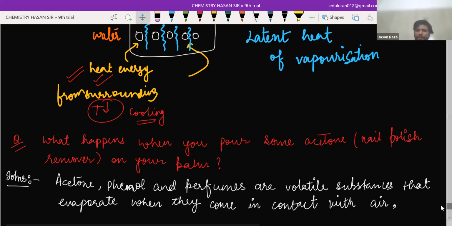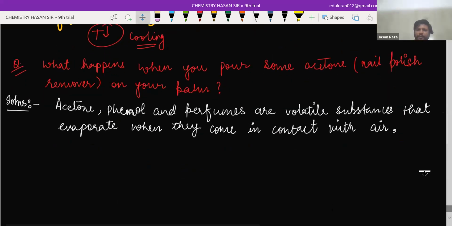So I'm writing this. It is not only acetone, phenol and perfumes are volatile. These all are volatile substances that evaporate when they come in contact with air.